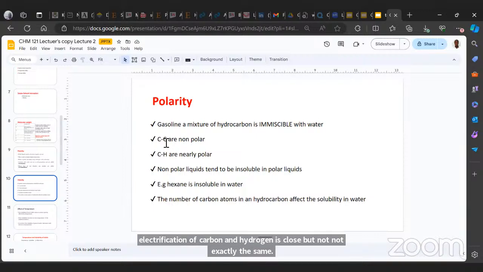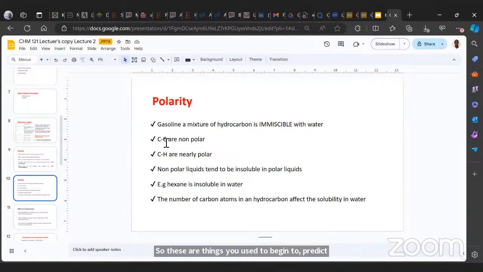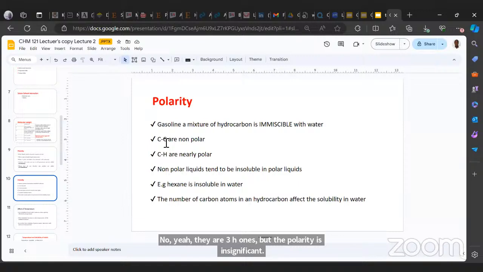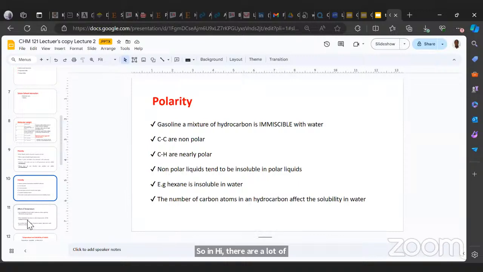But when you see lots of highly electronegative atoms attached to carbon, you know that substance is most likely going to be polar. Hexane is nearly polar, but more non-polar. Yes, there are C-H bonds, but the polarity is insignificant. So hexane has lots of C-H bonds, so it will be non-polar and insoluble in water. That was where we stopped.